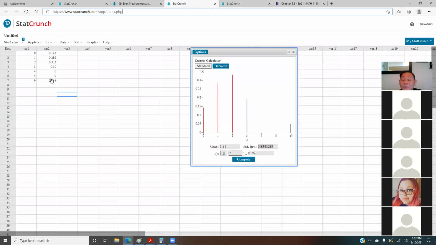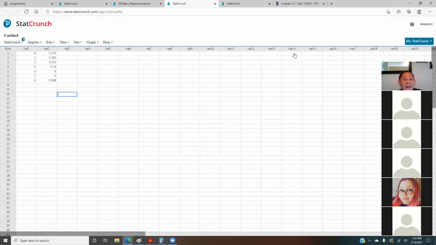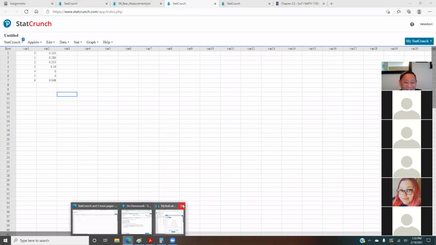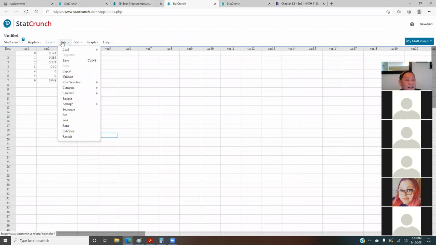I couldn't open this. No, you cannot import. There's no way you can import a piece of paper into StatCrunch. I know, but how do you type it manually? But how do you get a blank sheet of StatCrunch to type?